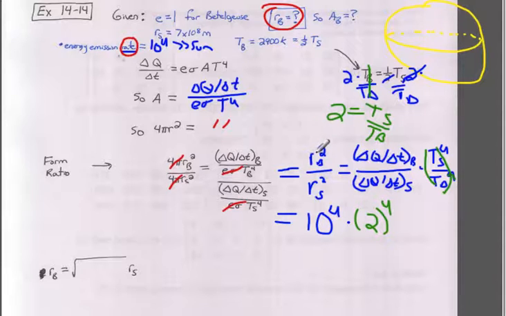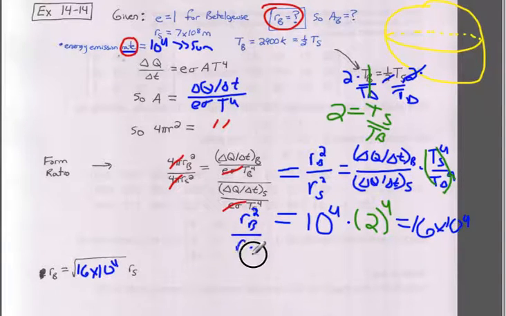So we've got the radius of Betelgeuse squared over the radius of the sun squared equals this number, right? So let's figure out what that number is. It's 16 times 10 to the 4th. So we're going to put that right here, because remember that was what was equal to r sub b squared over r sub s squared.